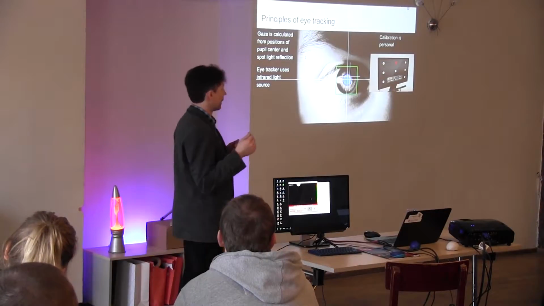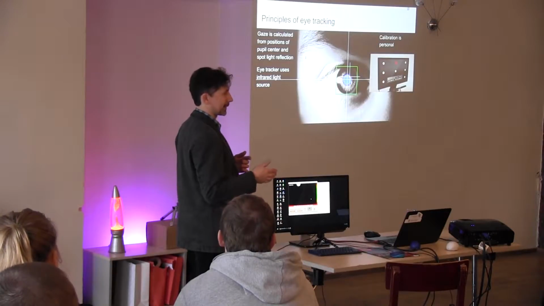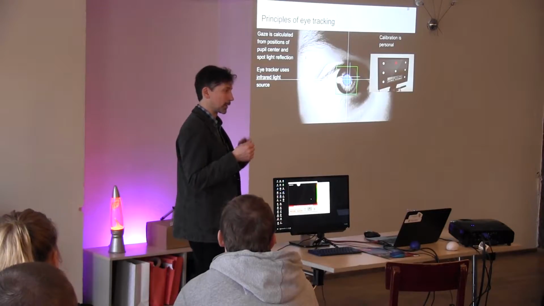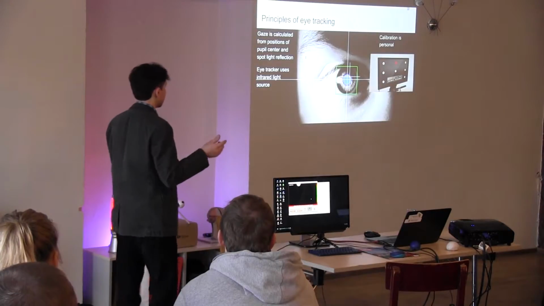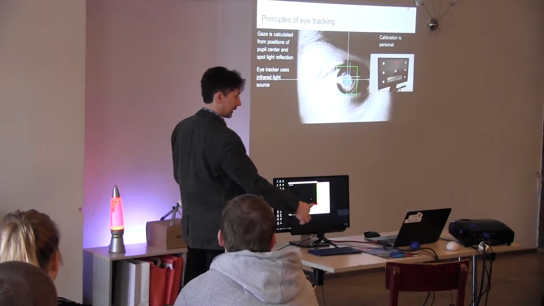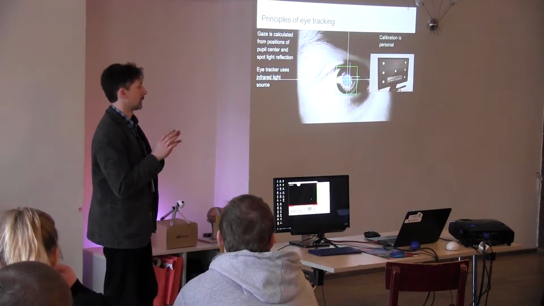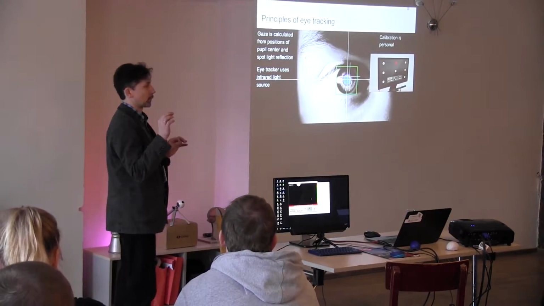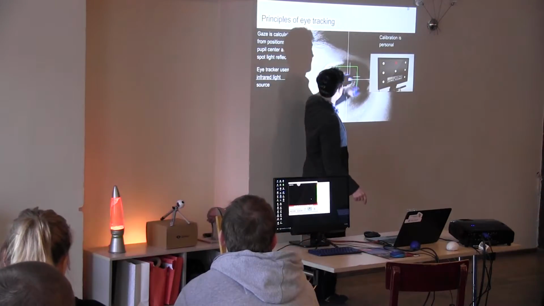So we expect from this eye tracker probably more than the eye tracker you played with. But it has an infrared camera, and it has an infrared light source inside it. You can't see it, it won't disturb you, but it produces a tiny light spot in your eye, like this here.